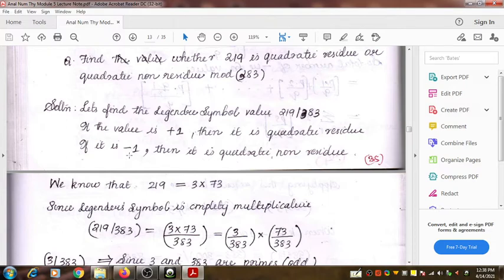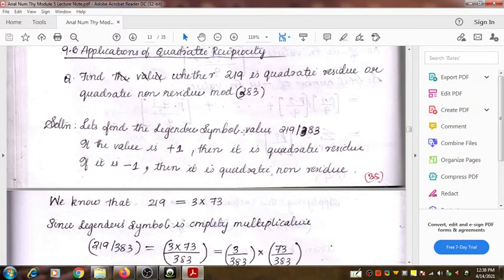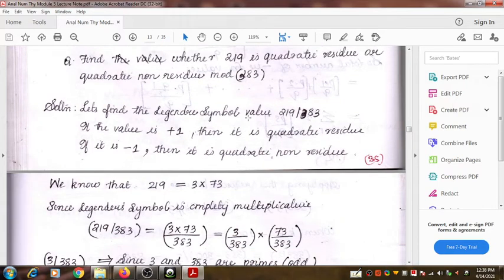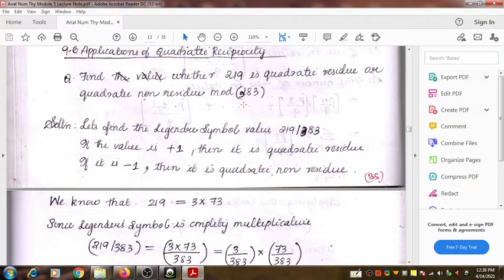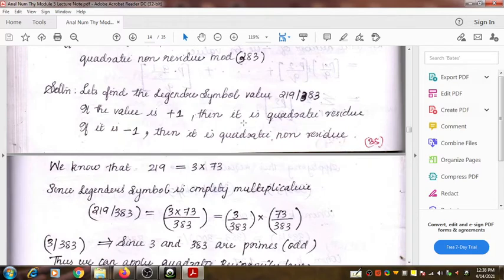On the other hand, if it is minus 1, then 219 is a quadratic non-residue mod 383. But for that, one point should be verified: whether 383 is a prime number. If 383 is a prime number, then you can proceed using this.